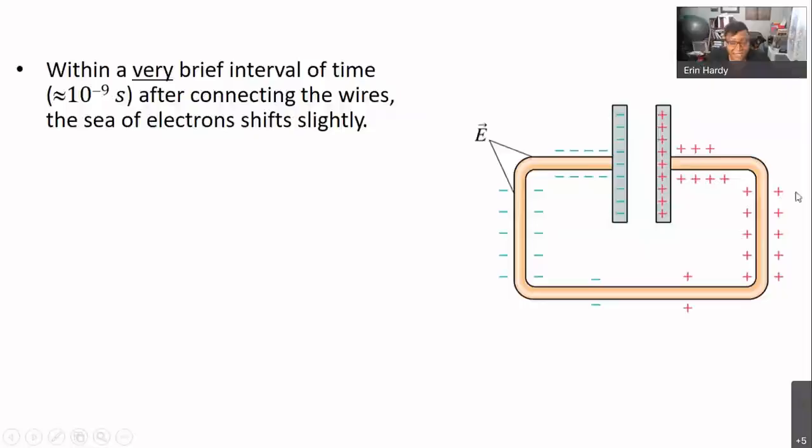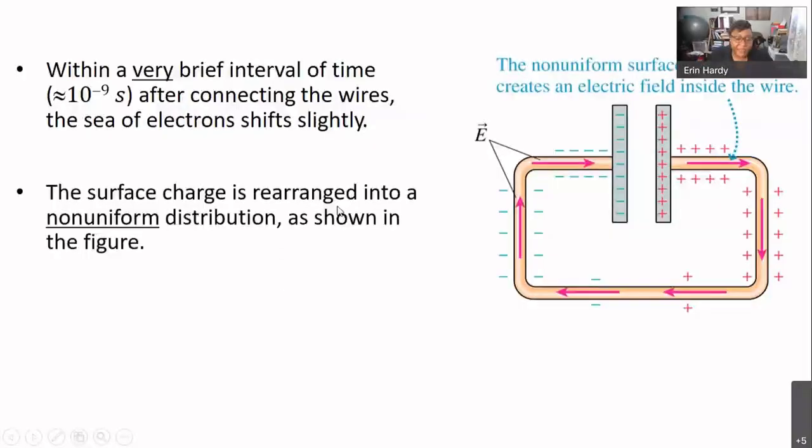As a whole, this entire capacitor and wire system is still neutral, but these particles are in the process of moving here. So after something on the order of nanoseconds, they will spread themselves out evenly. But while that spreading is happening, the electric field on the inside of the wire is non-zero.